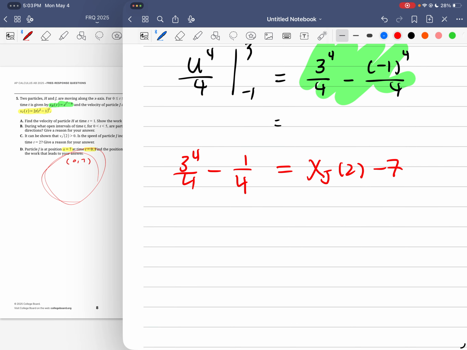So I believe the only thing you really have to do is add 7 on both sides. So you're going to have 3 to the 4th power over 4 minus 1 over 4 plus 7 equals x of j of 2.